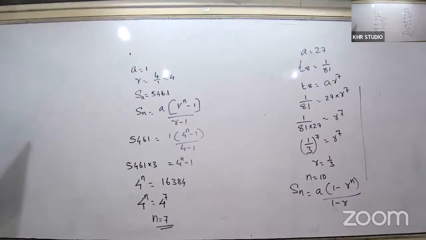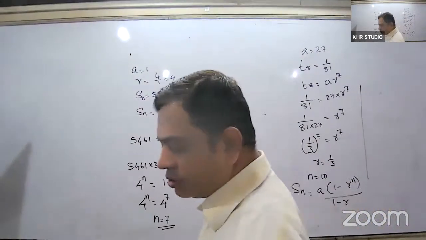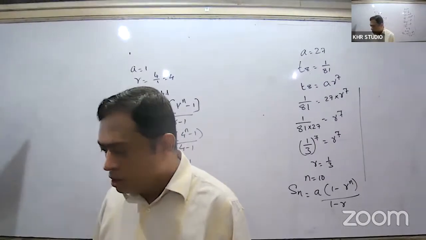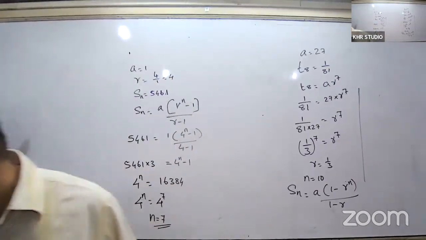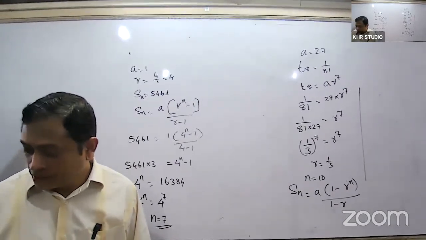N is how much? It will not come by itself, you have to do it. But why did you cut here, N is equal to 10? You should have substituted only, no? That will be right.